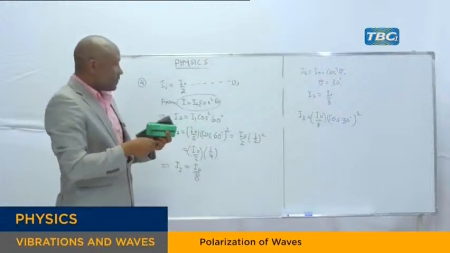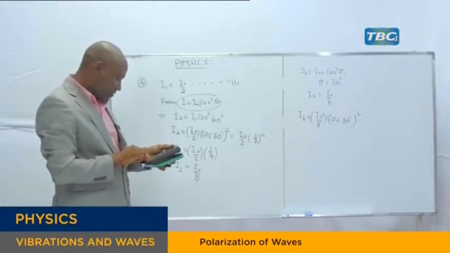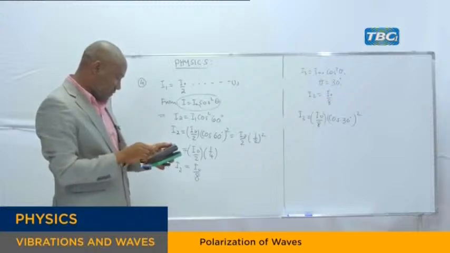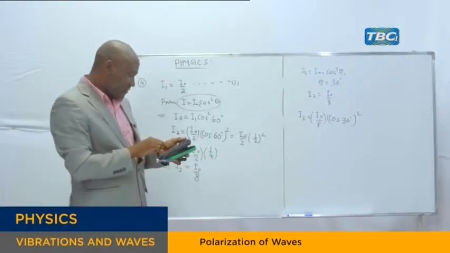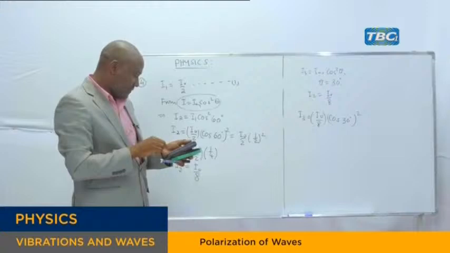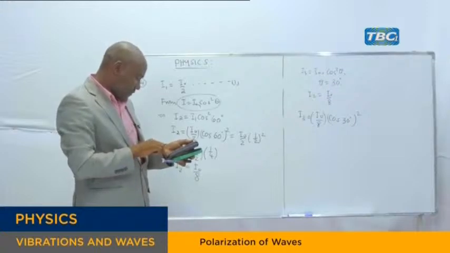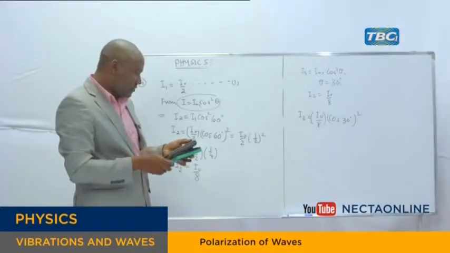Using your calculator, you can find cos of 30, which is about 0.87. If you square that value, you get 0.75.